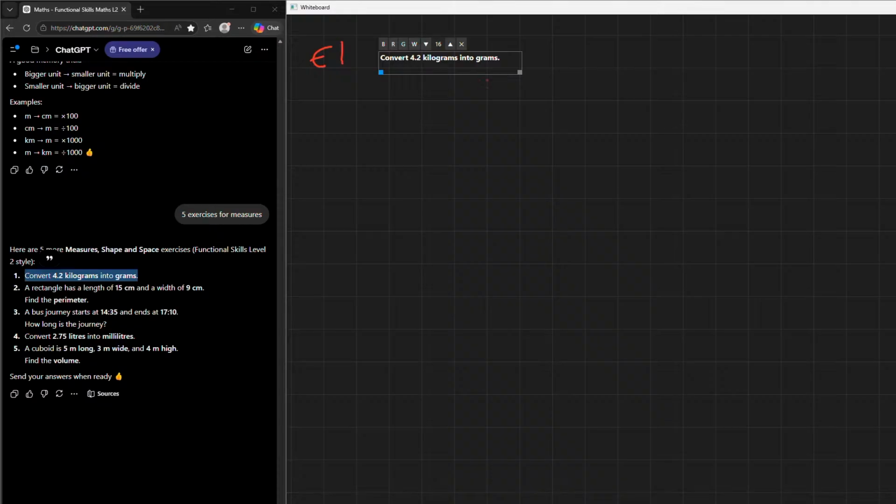Yeah, I think that is perfect. Okay. 4.2 kilograms into grams.